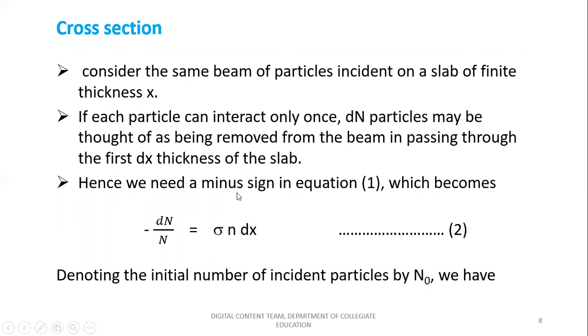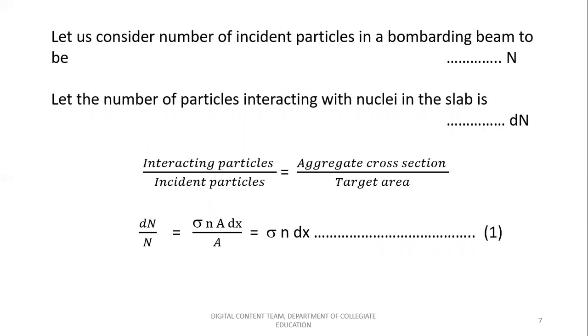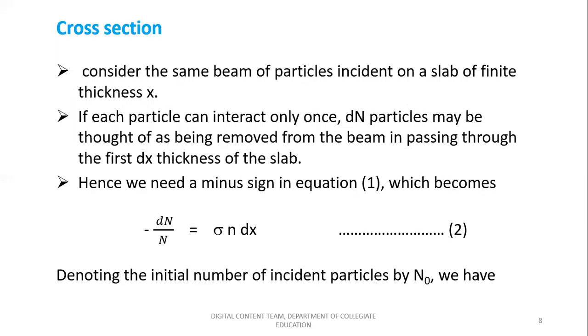Consider the same beam of particles incident on a slab of finite thickness x. Initially, we considered a small thickness dx and obtained the expression for dn by N. Now we extend the same to the entire slab thickness x. If each particle can interact only once, dn particles may be thought of as being removed from the beam in passing through the first dx thickness of the slab.